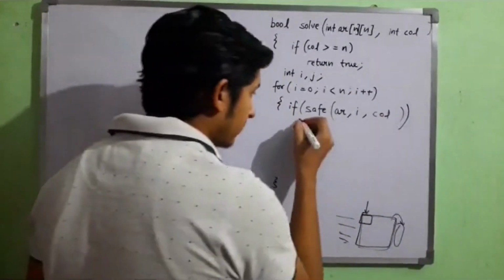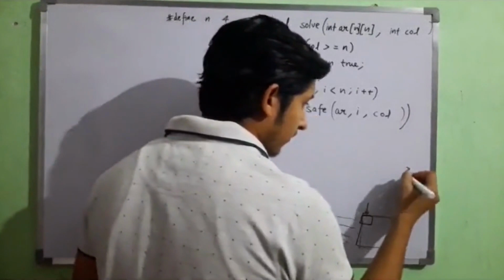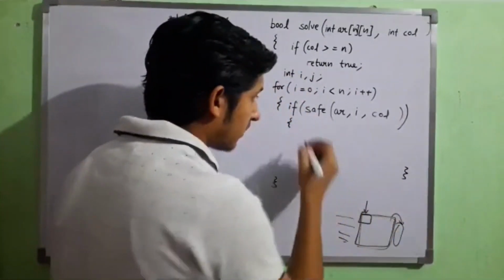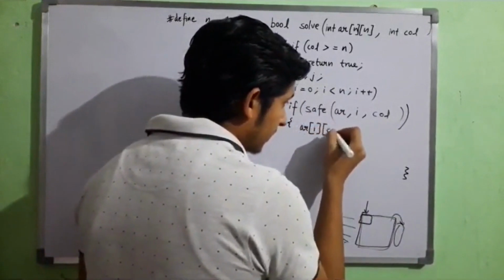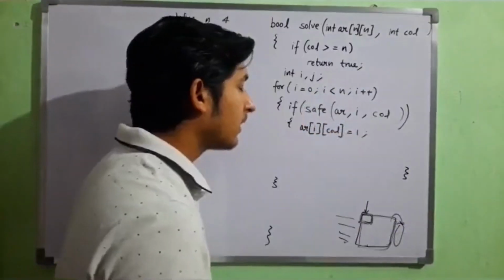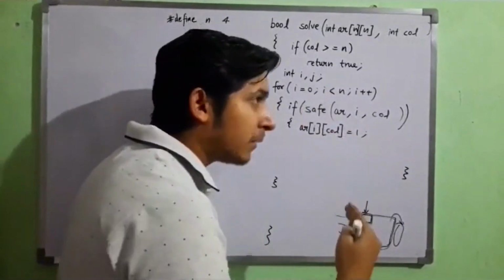So if that's safe, then put 1 at this position, and after placing 1 here, I'll move to the next column.